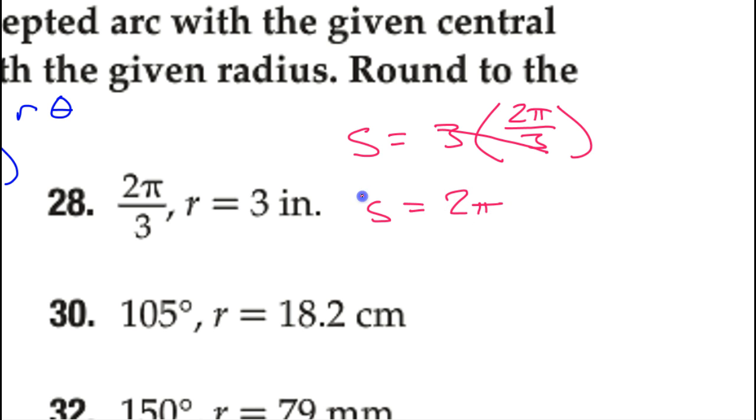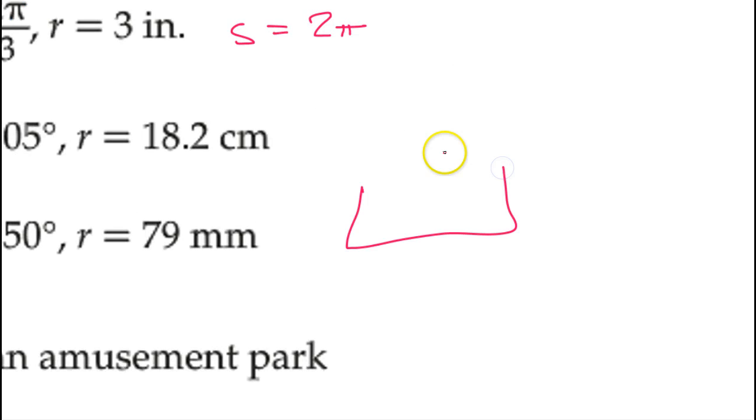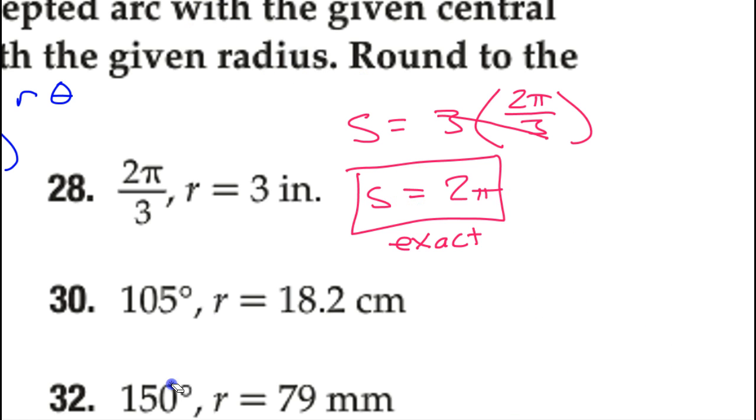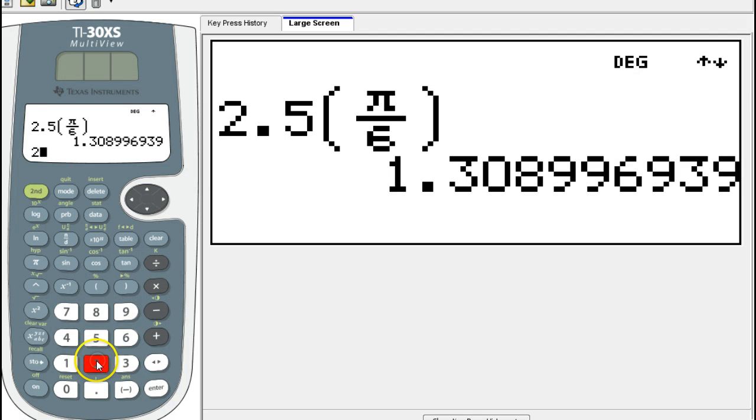So if they asked us for the exact answer, then this would be it. Notice how I did not have to use a calculator. But again, for this particular assignment, they said nearest tenth, so that means we will have to use a calculator. Now I can just go ahead and do 2 pi, since those 3's canceled out.